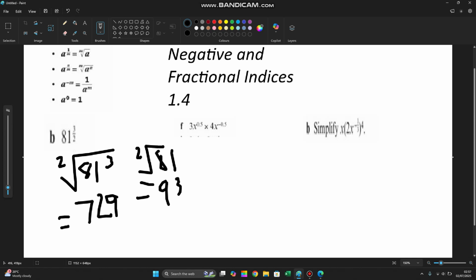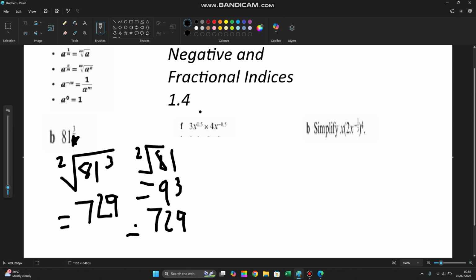Do 9 to the 3, and that will also give us 729. So if you're in an exam and you don't have a calculator, this is a way you should do it. You do 81, then root by the denominator, and then to the power of the numerator.